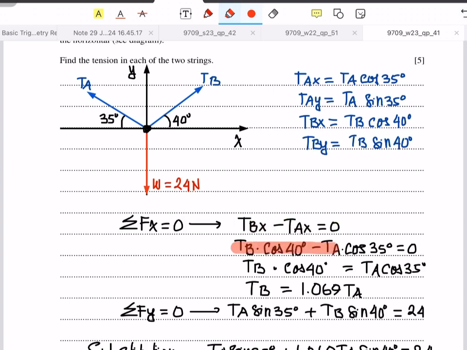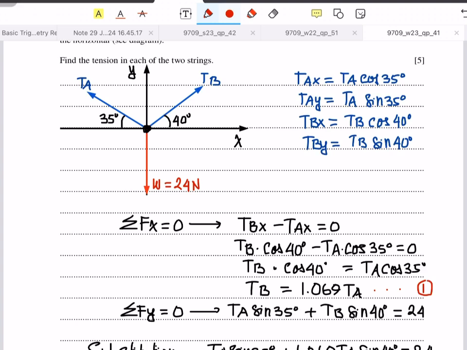And then TBX is TB cos 40 degrees and TAX is TA cos 35 degrees. Simplifying this equation, we have the first equation, TB is equal to 1.069 TA.